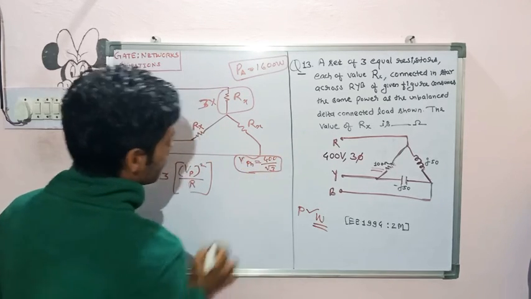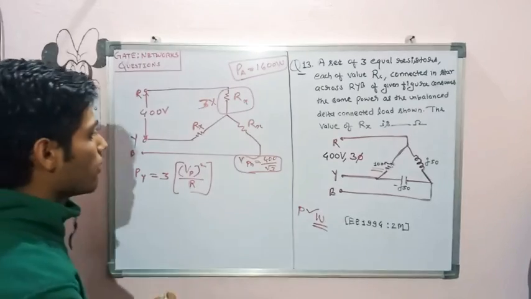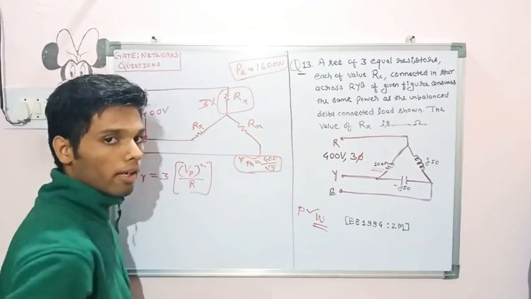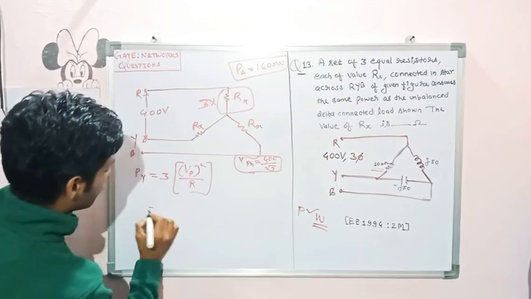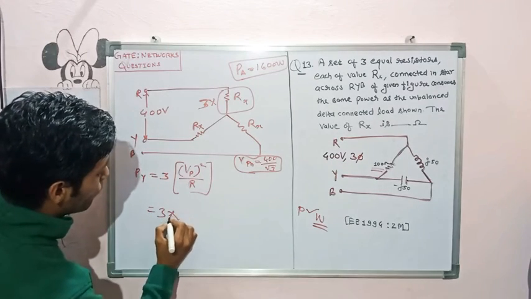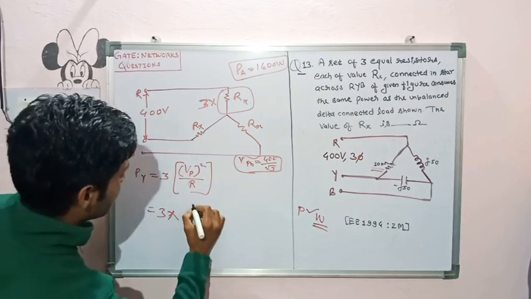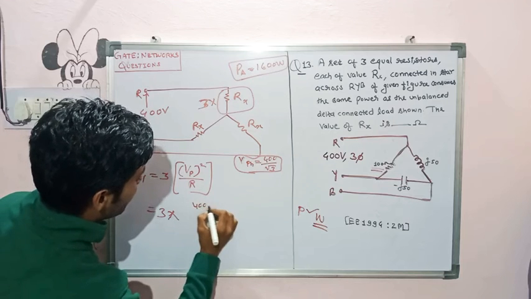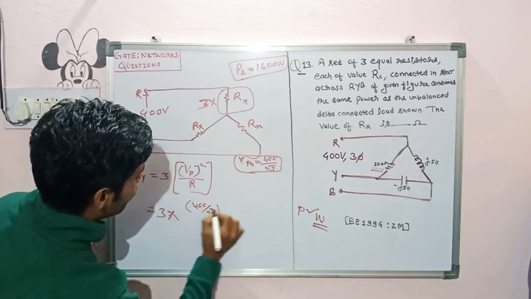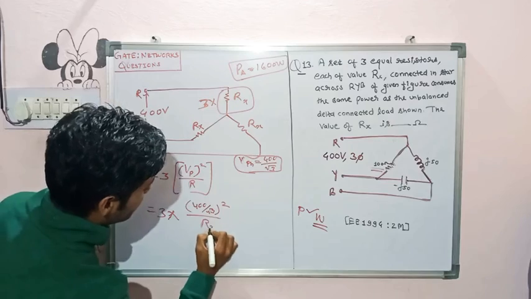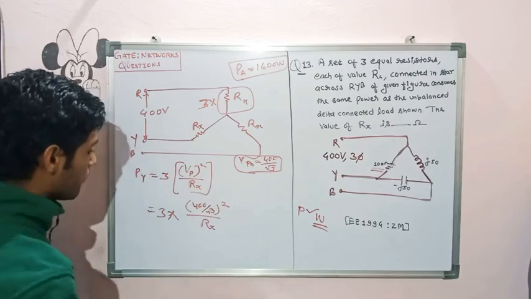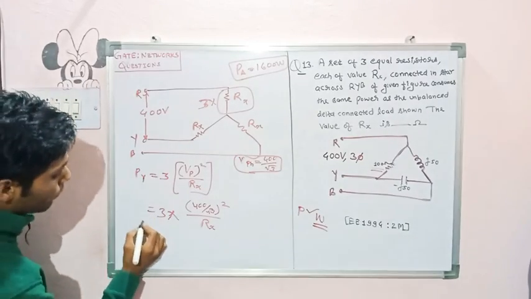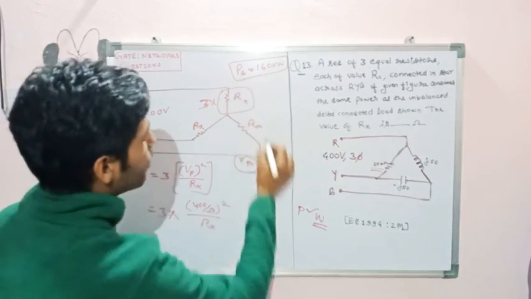We all know this: Vph in star is equal to VL by root 3. So 3 into 400 by root 3 whole square, divided by Rx. Now P delta is equal to P star.